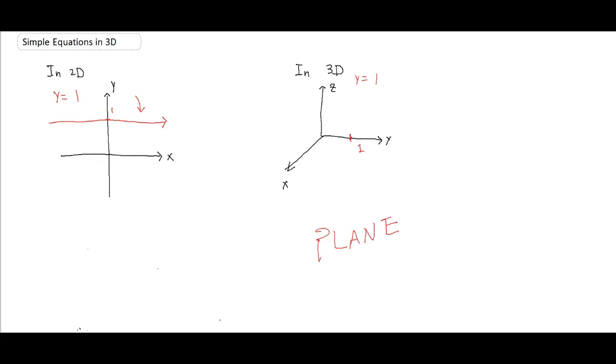So what this example is telling us is that when you are given an equation in three-dimensional space like x equals a constant, y equals a constant, or z equals some fixed constant value, then those equations define a plane.